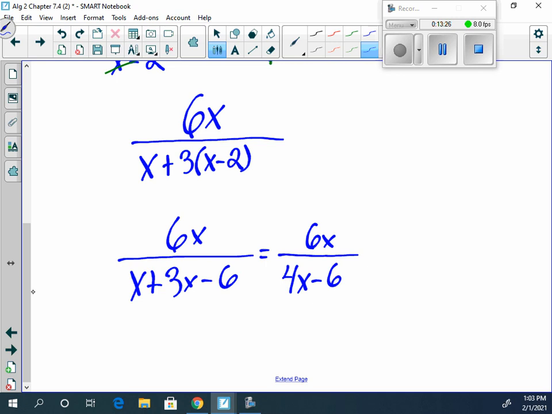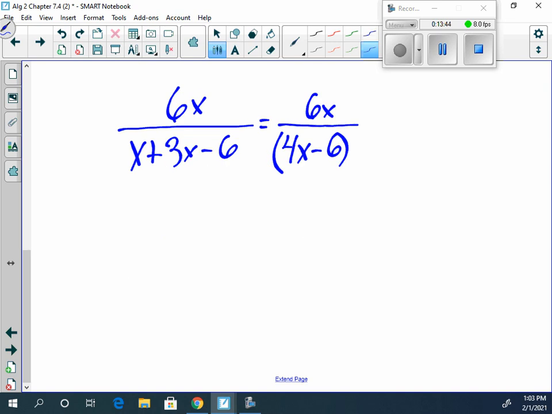Is there anything we can do with this here? Well, we can't quite factor out the 6 because the 4x and negative 6 are kind of stuck together. But there is a common factor of 2 between all of these terms. And if we did this individually, I would factor a 2 out of the denominator because that's the biggest number I can factor out of 4x and 6, which would leave us with 2x minus 3.